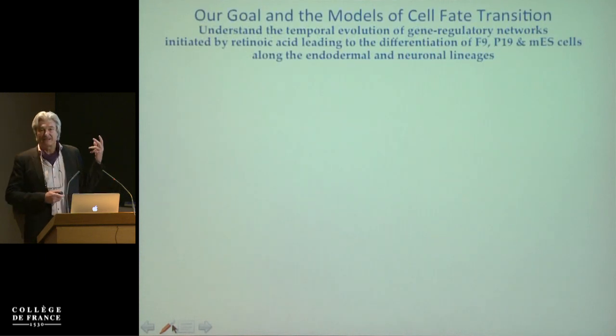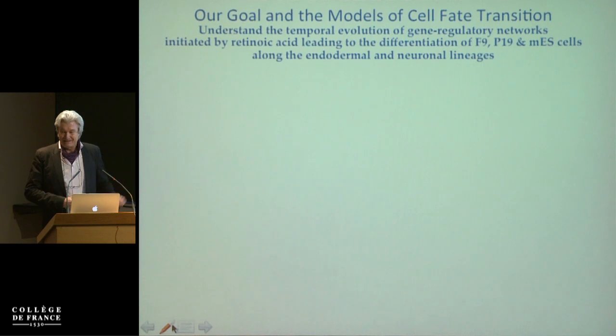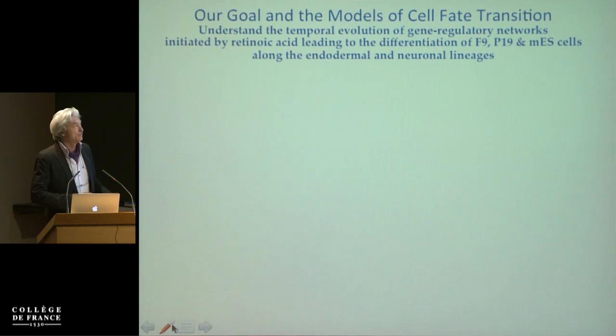So in order to study cell fate in our lab, we have to reduce our ambition. We cannot take the entire zygote and then go to an intact animal, but we are reducing our ambition to certain model systems. So we take stem cells, for example, mouse F9, P19, or embryonic stem cells. F9 are teratocarcinoma cells, but they are already predestined to go into a particular differentiation.